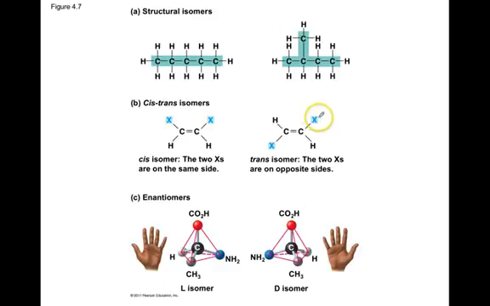And look at this, if the elements are on opposite sides, then they are called trans isomers. So this is the cis isomer and this is the trans isomer. Cis means same, trans means different. Look at this, they have the same molecular formula, right? If X is bromine, then it would be C2Br2H, and same thing here.